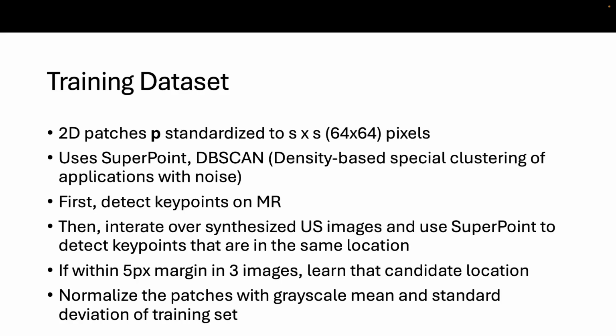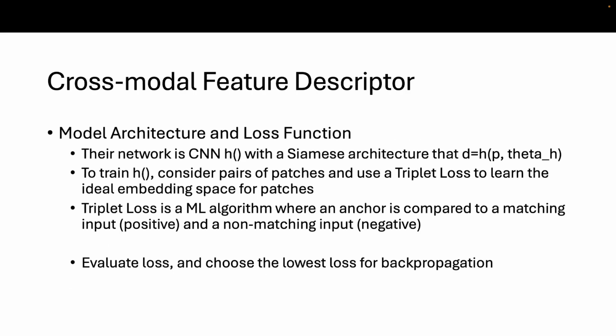So if a point keeps appearing on those images, within 3 images, then you weigh that location as a heavier or more promising candidate location. And then you normalize the patches with grayscale mean and stuff. But basically, you're learning which points keep appearing at the same places.